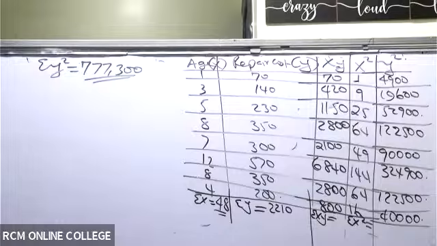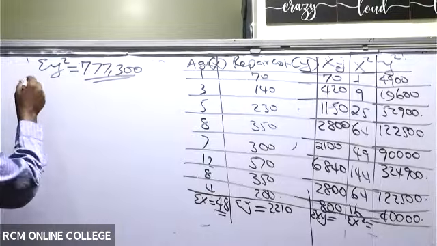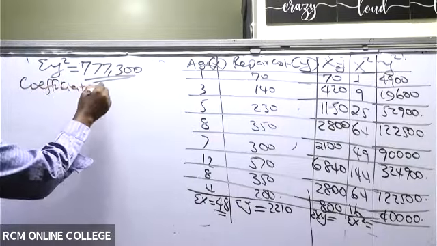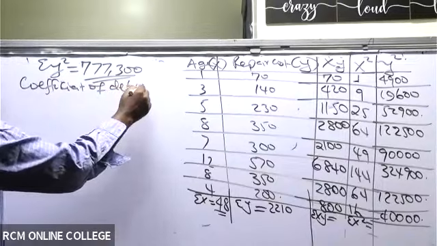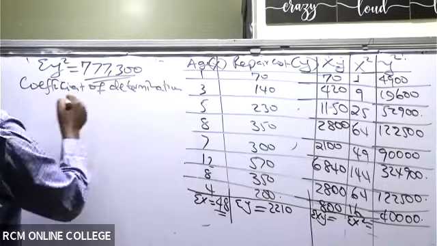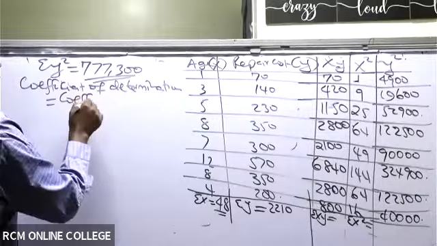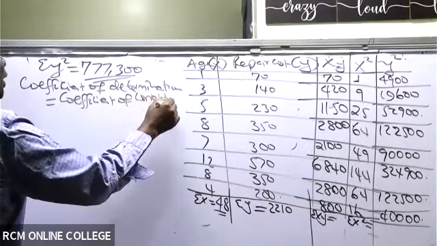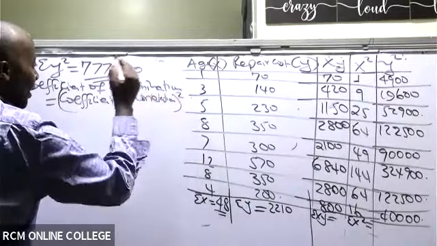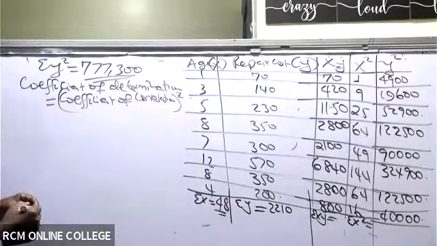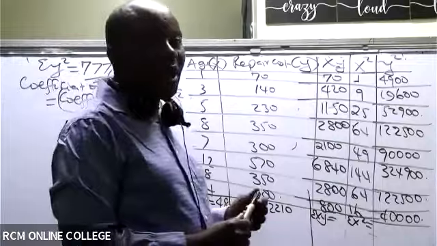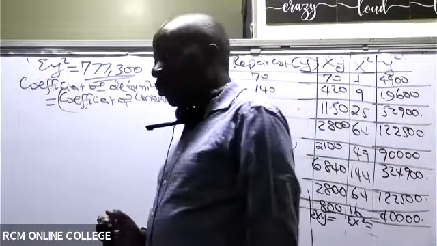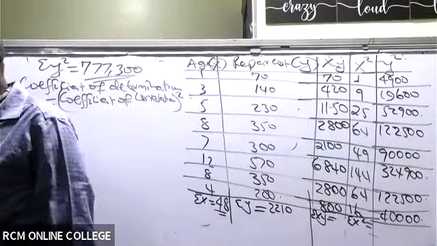So now remember the easiest way of getting the coefficient of determination: coefficient of determination equals coefficient of correlation squared.